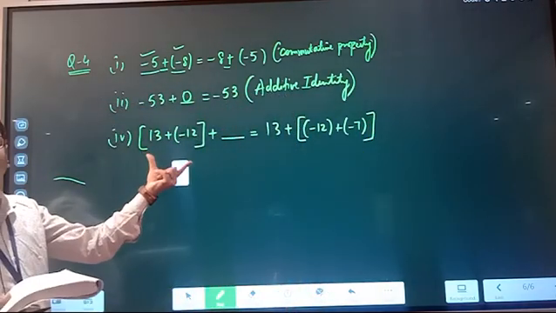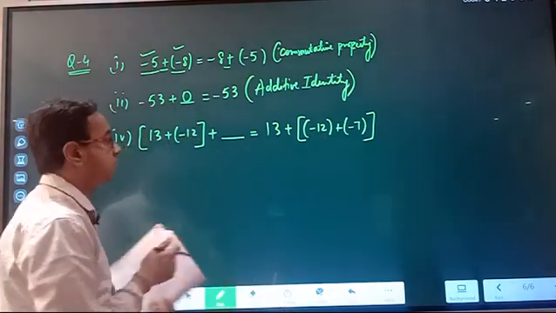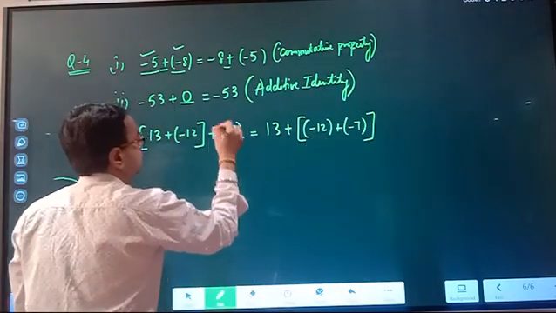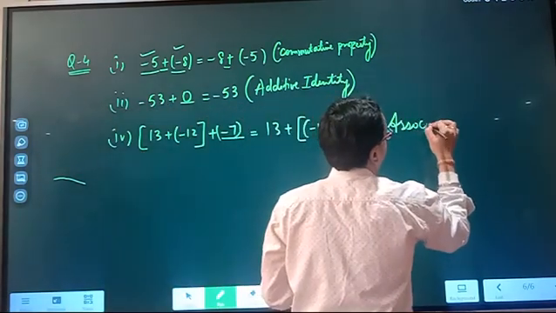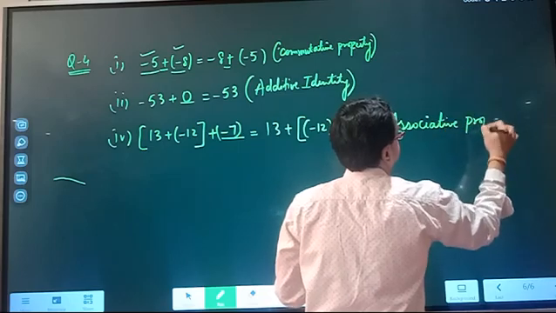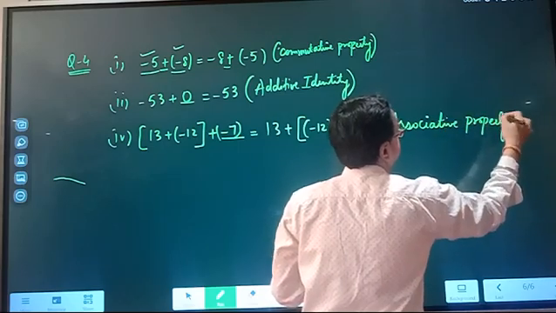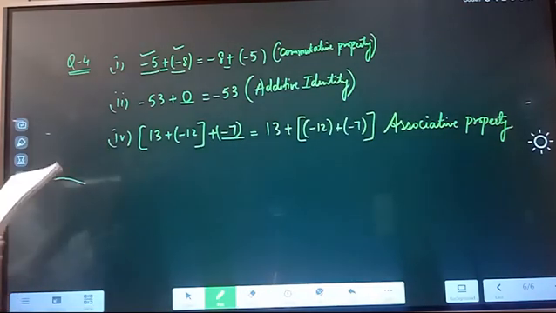Here 13 and minus 12 are associated. Here minus 12 and minus 7 are associated and the third number is unknown. So definitely this is minus 7. And which property? That's the associative property you have used. Are we clear? Easy to understand. So this is how you have to do.